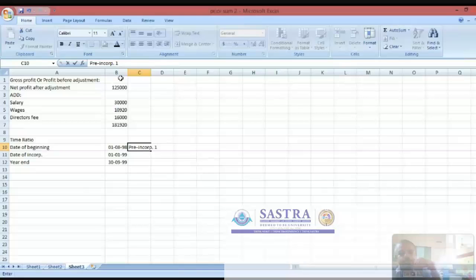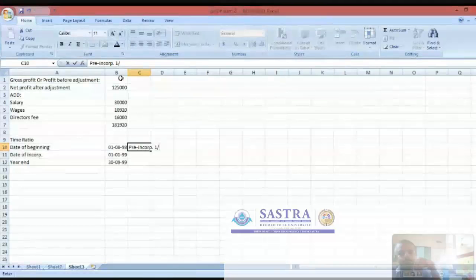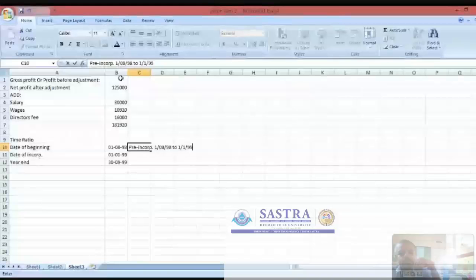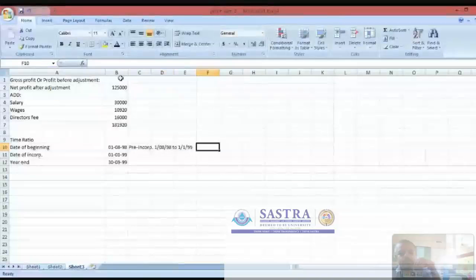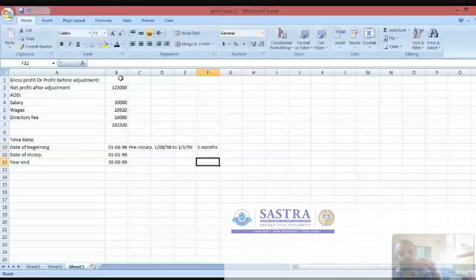It started 1/8/98. From 1/8/98 to 1/1/99, how many months? 8, 9, 10, 11, 12, so 5 months. 5 months is considered pre-incorporation. Then the post-incorporation period.